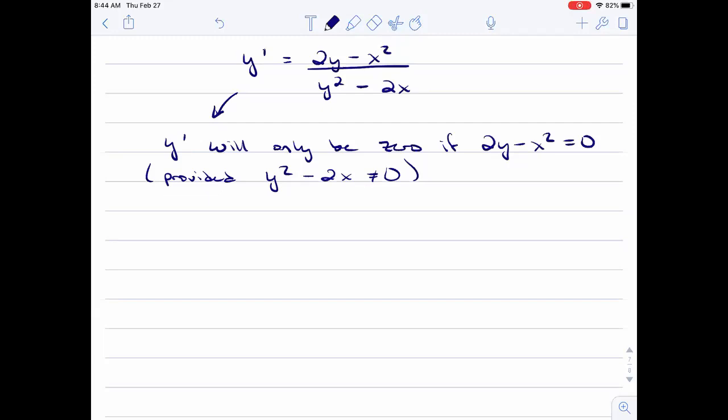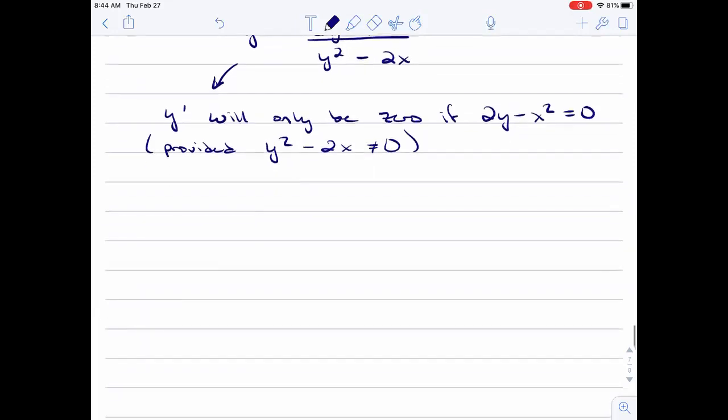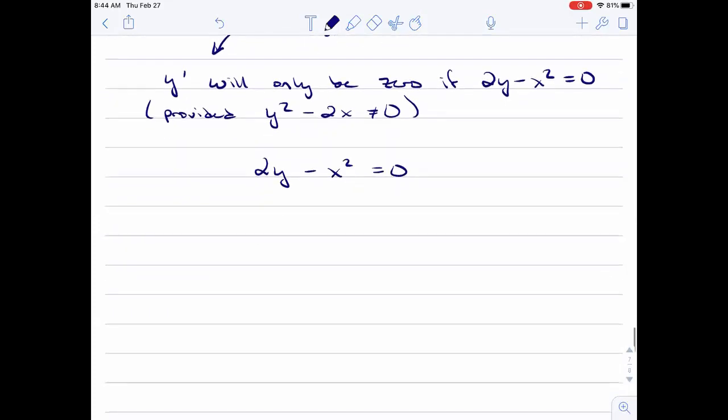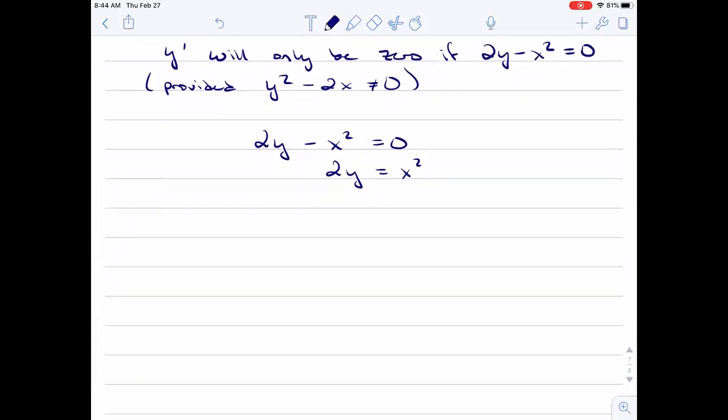So if we zoom in on the numerator, 2y minus x squared, and we force it to be 0, then we can solve for y and figure out what y is in terms of x at the point where the slope is 0. So in general, if we have 2y minus x squared equals 0, then 2y equals x squared. So y must be x squared over 2.